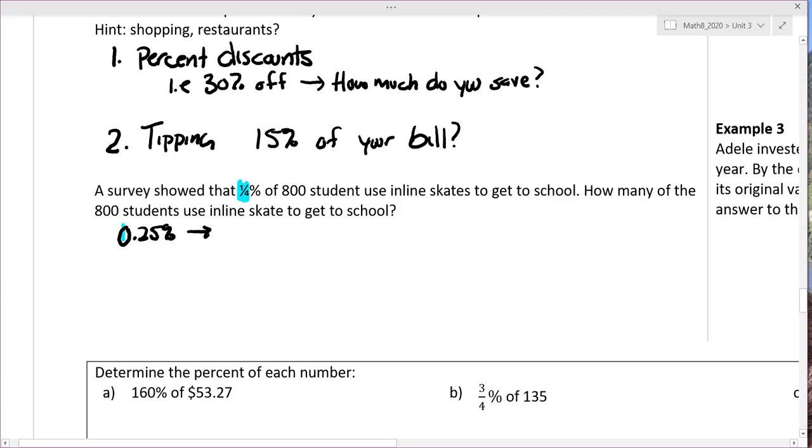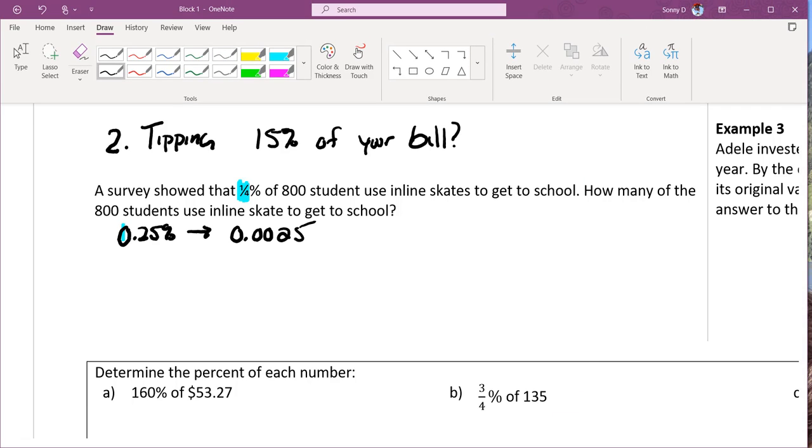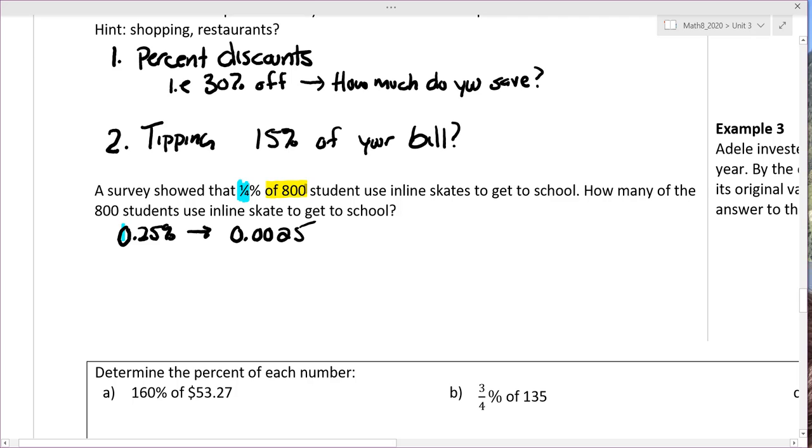You divide it by 100, or you move the decimal place 2 places to the left. 0.0025. All right. So then you go, of 800, that means you take your decimal and you multiply it to the 800. And what do we get?